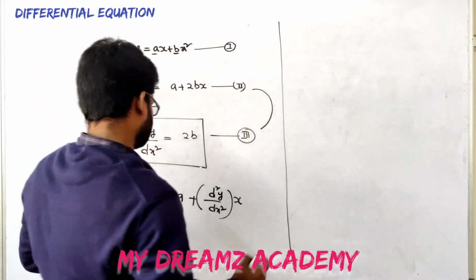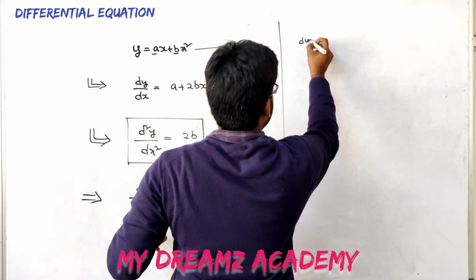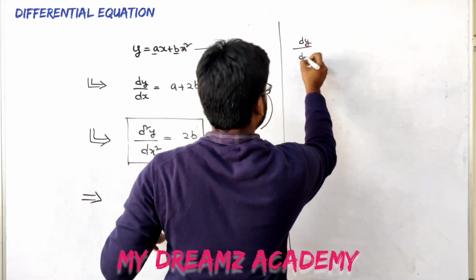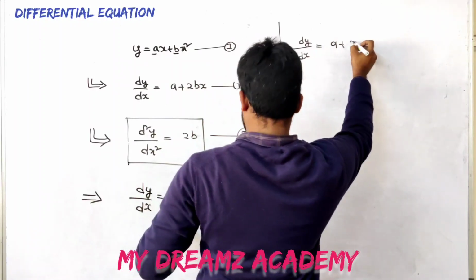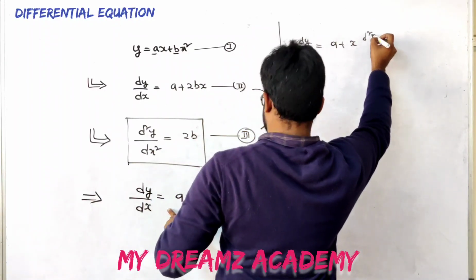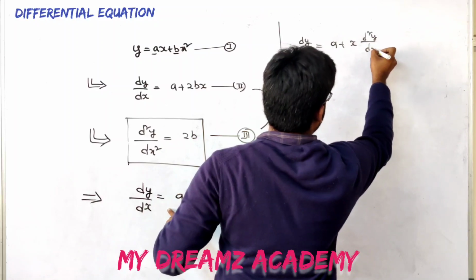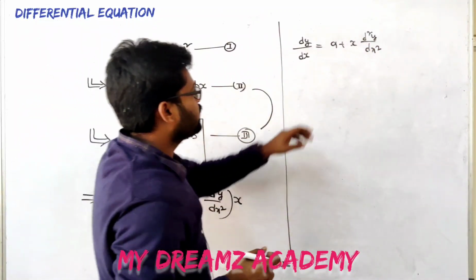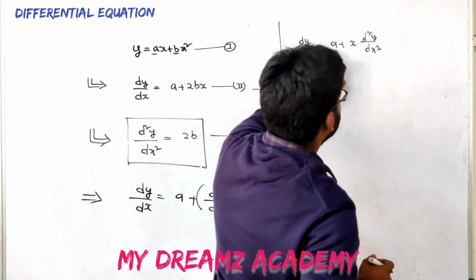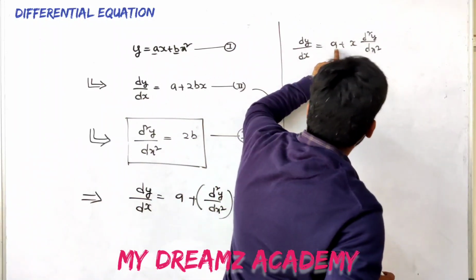Simplify this: dy by dx is equal to a plus x into d square y by dx square. Is this the solution? No. Why? It also contains one arbitrary constant. We need to eliminate this also.